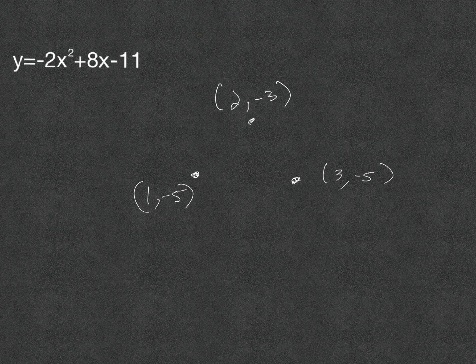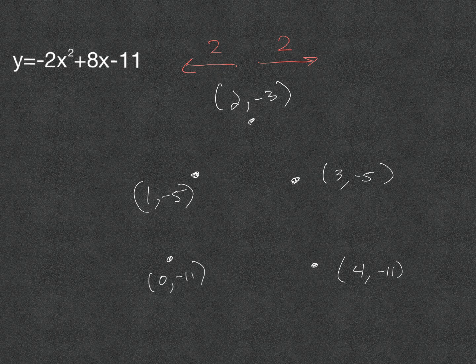Okay, now, you don't really need to do much to find the next point, because if you were to go over 2 to the left, you would be where? At 0, and we know already it's 0, -11. That would mean that this would be over 2 to the right from the vertex. That would be what? That would be a 4, -11.